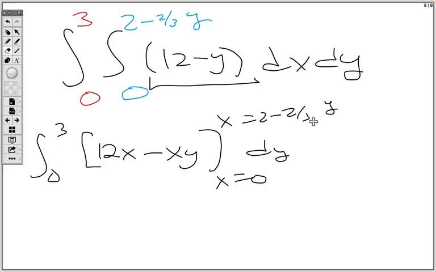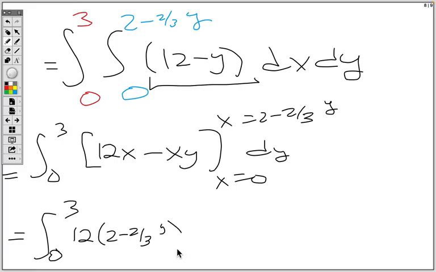And once again, I want to go through this because I think it's been a while since we went through one of these that didn't just simplify to an area. So we've got 12 times 2 minus 2/3 y, minus x times, it's not x, but 2 minus 2/3 y, times y.